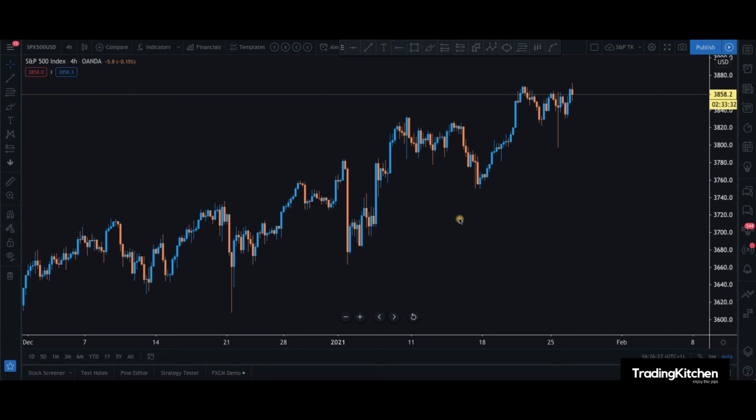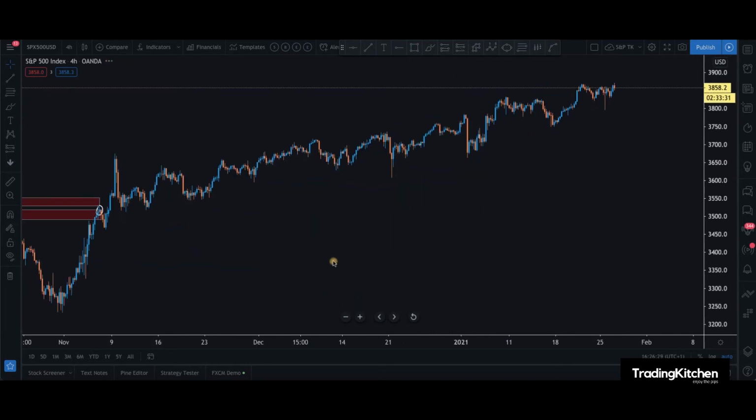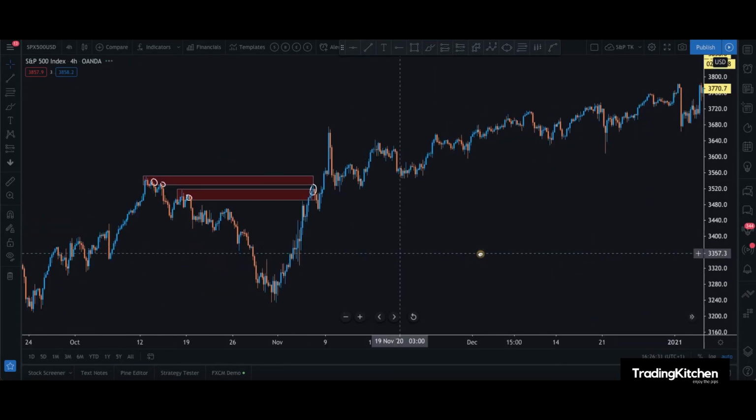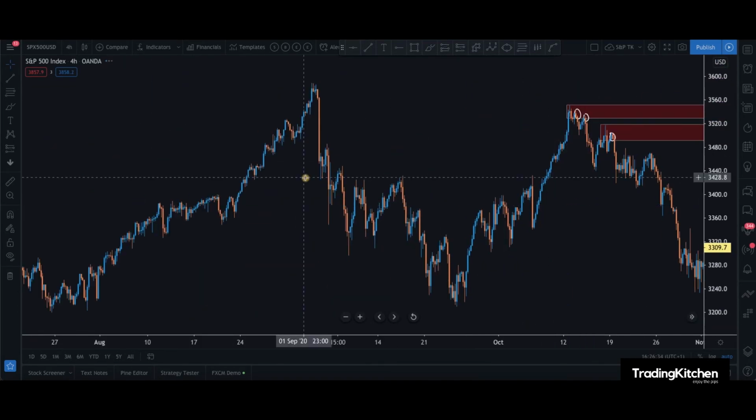Okay, let me show you more examples about Doji.